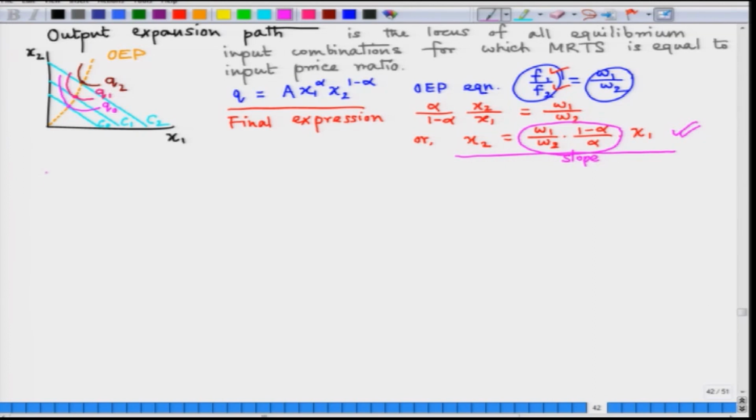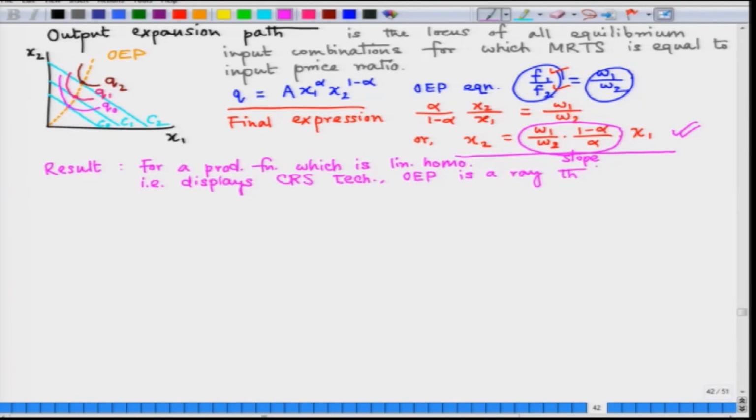So, we get this result that for a production function which is linearly homogeneous, it implies displaying CRS technology, the output expansion path is a ray through origin.